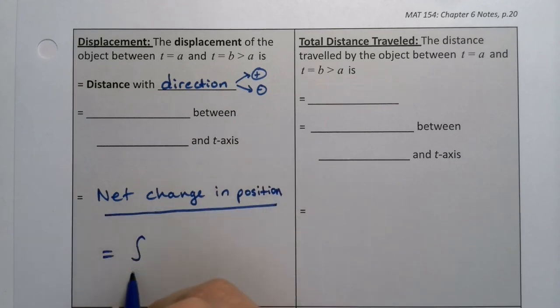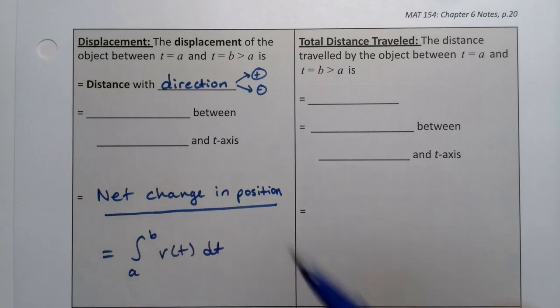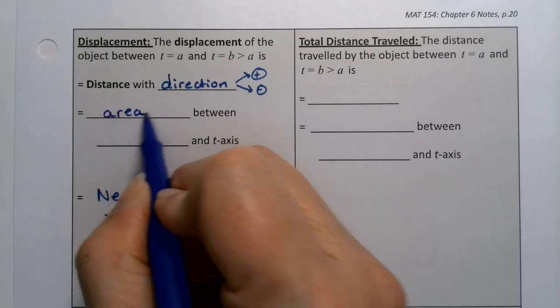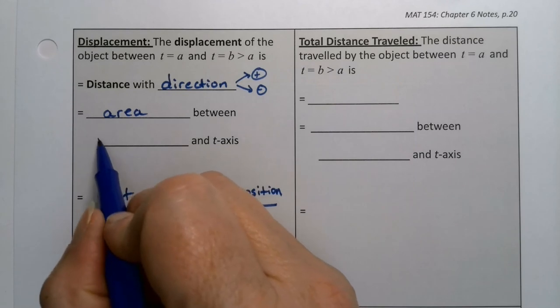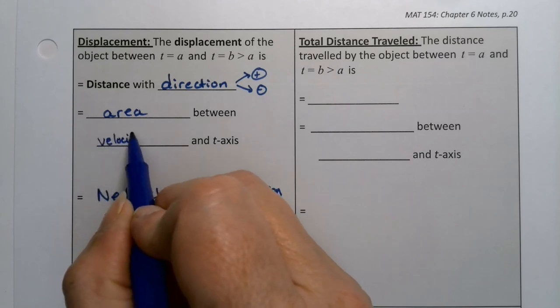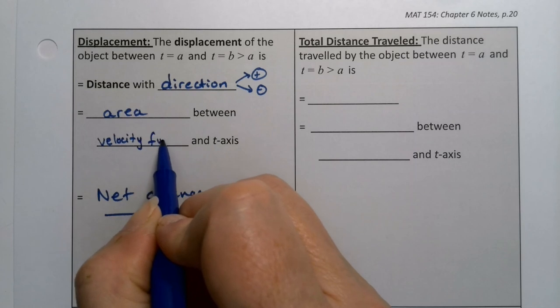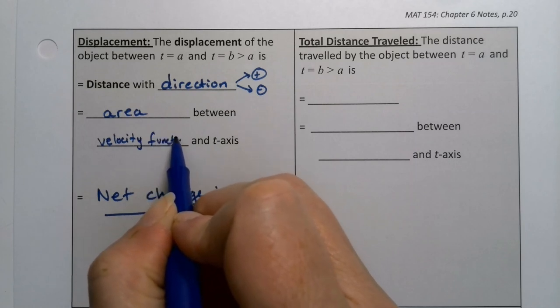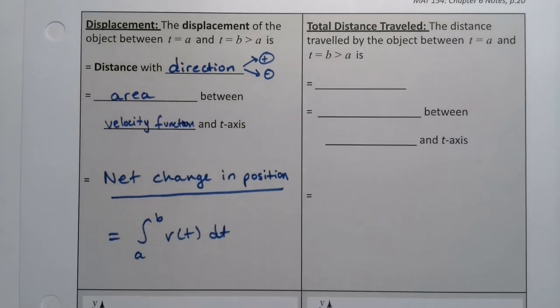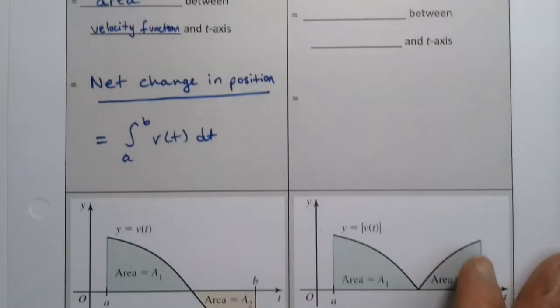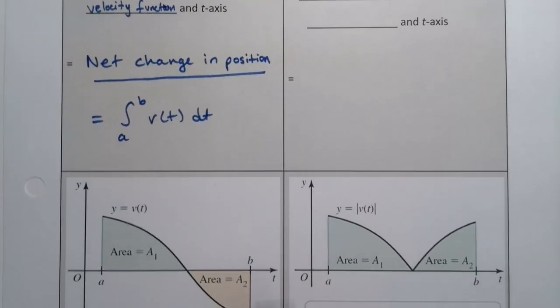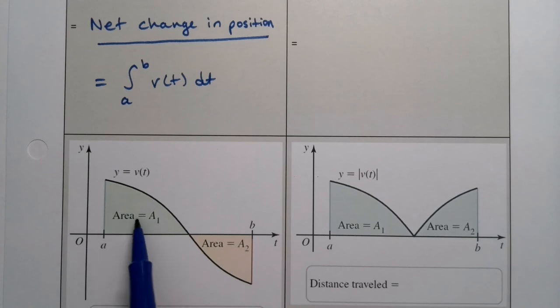So it's equal to the integral from a to b of v of t dt, which means you're finding the area between the velocity function and the t-axis, or the x-axis. So if we look down below at this example, our displacement would be area 1 minus area 2.